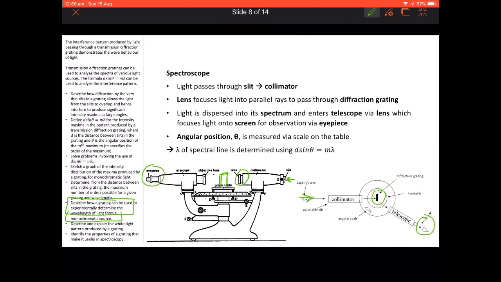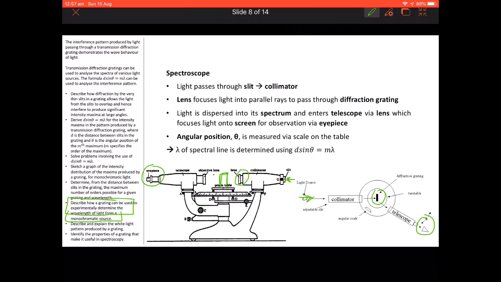The angular position is measured via a scale on the table. So you'd have someone looking in through the eyepiece, and they'd be adjusting this side's telescope around the table, which would have like a big protractor on it, and you'd be able to measure exactly what angle you were sitting at and what angle that spectral line was at.